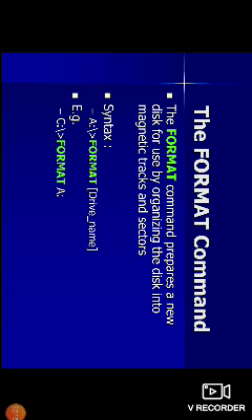Example: c colon slash greater than format a colon. So here we are formatting the a disk. It erases all contents, all files and folders from the a disk, and after that divides the disk into tracks and sectors.